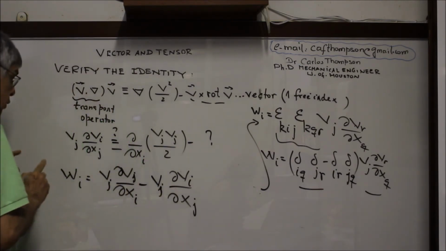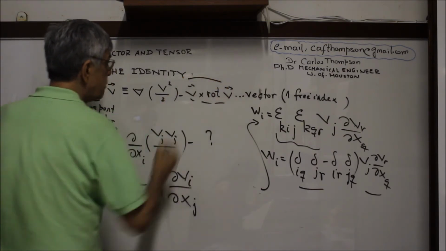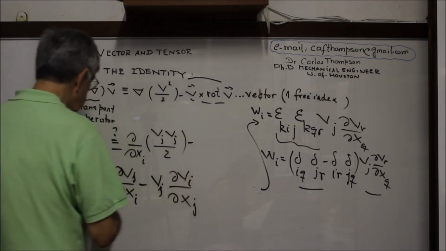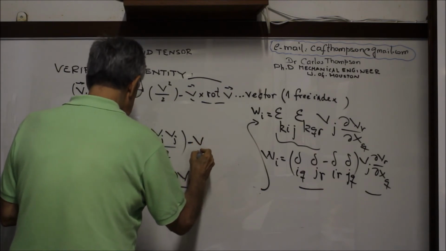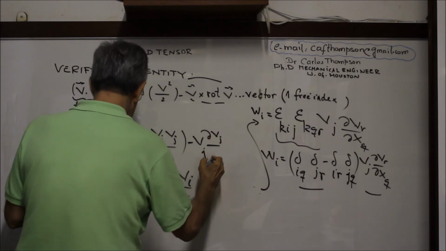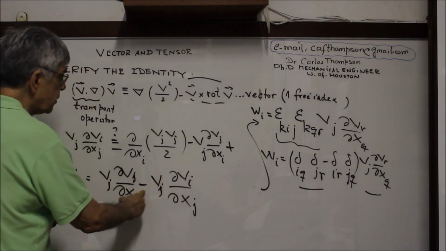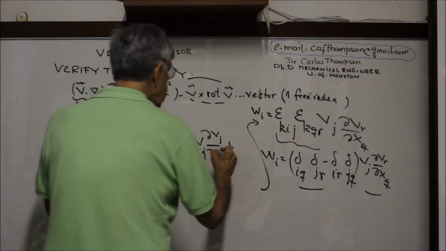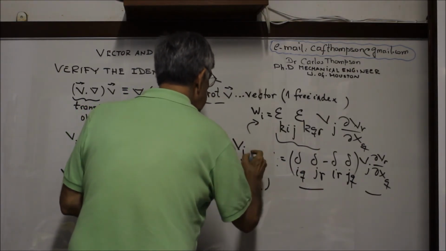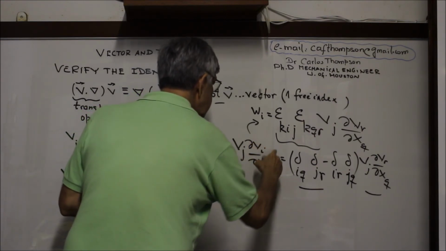Now, here is exactly this term over there. So let's write down here this term. So this will be Vj partial of Vj with respect to xi plus, because it's minus, if there is minus, plus Vj partial of Vi with respect to xj.